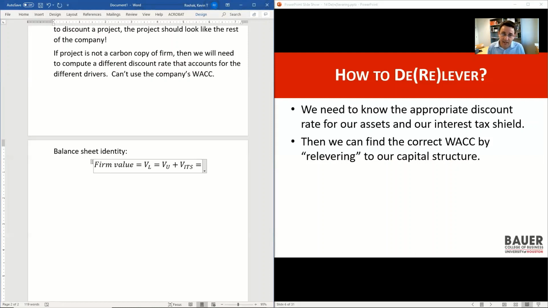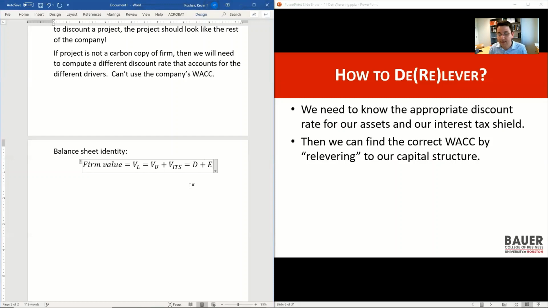We have the assets now. What does the balance sheet identity tell us? Well, the assets have to equal debt plus equity. The claimants for the company own all of those assets. So if you have debt holders and equity holders, you cut up the assets, you give some of it to debt, some of it to equity, and it's got to all equal out.